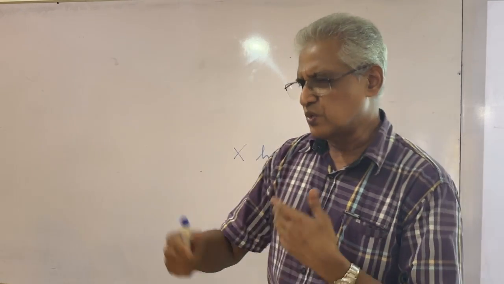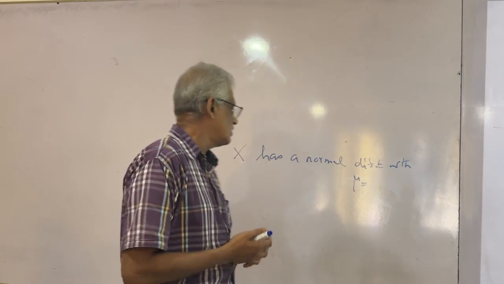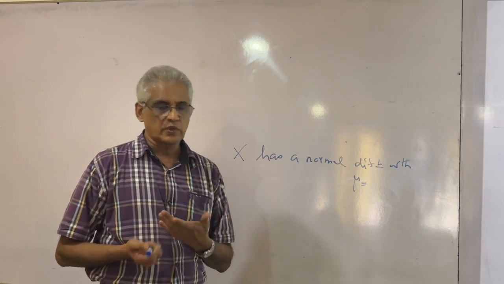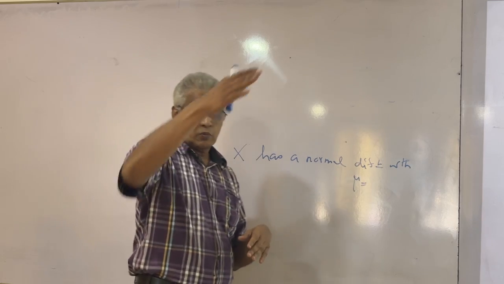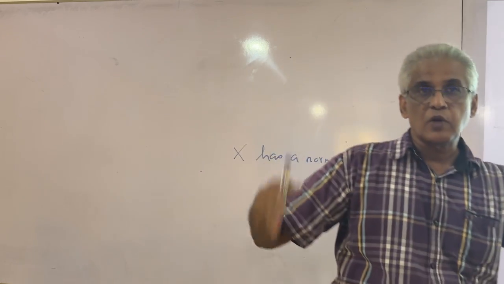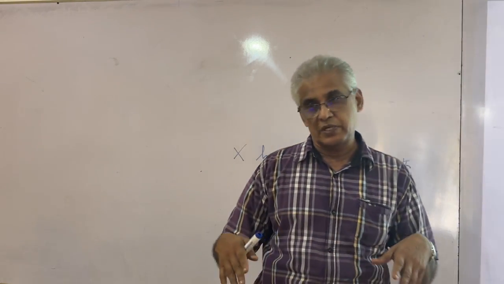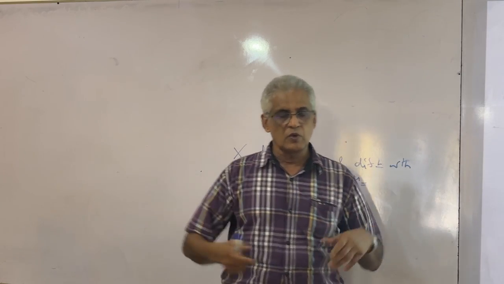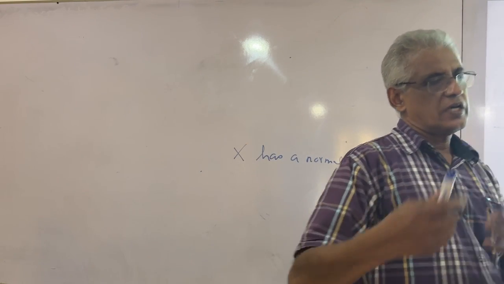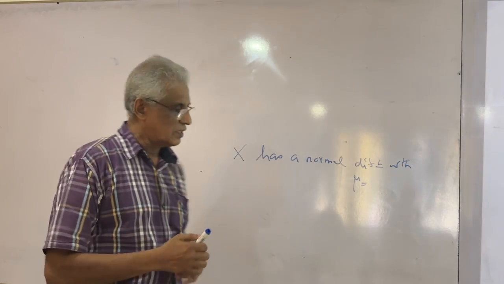So in order to distinguish between these, we usually use two different notations. When you talk about a model, we use the model for the population, not for the sample. That's why we use mu and sigma in that situation.